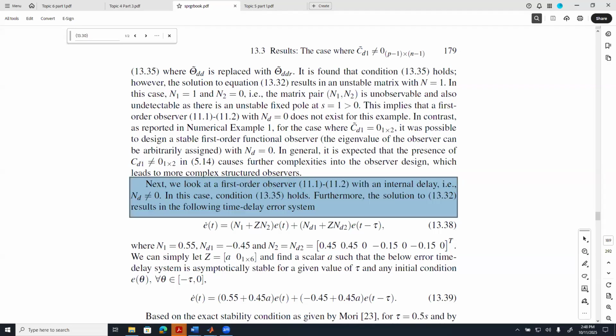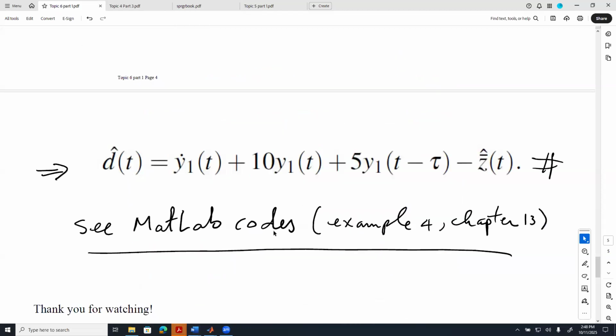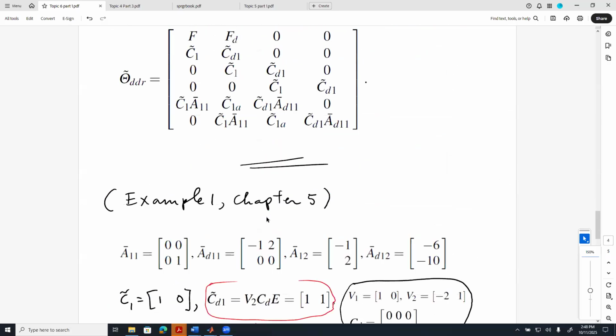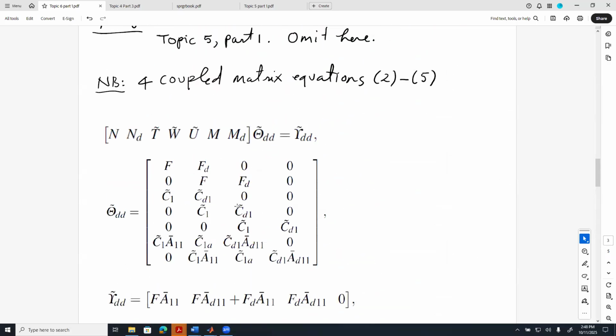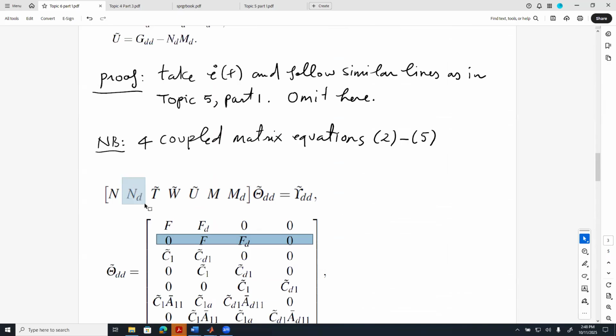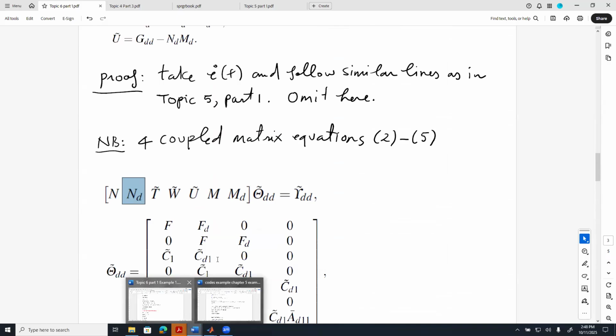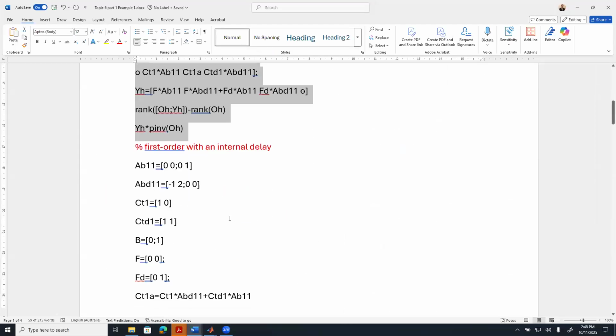All right, so if we do that, this is exactly also the conditions that we're going to apply. We see the one in here. We have this row in there, and with this row in there, that means that we include ND in there. So we have the codings for that. This is the one that says first order with an internal delay.